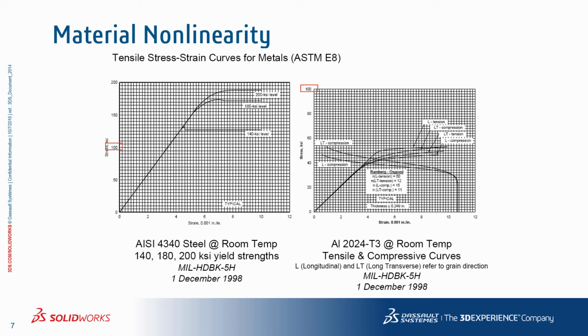The aluminum curves show variation in the stress strain response as different material orientations are examined. The curves also show that 2024 aluminum has an asymmetric response, and its tensile and compressive responses are completely different. Both these curves are taken from the MIL-HDBK-5H, which is a publicly available resource and has a lot of good material reference data.